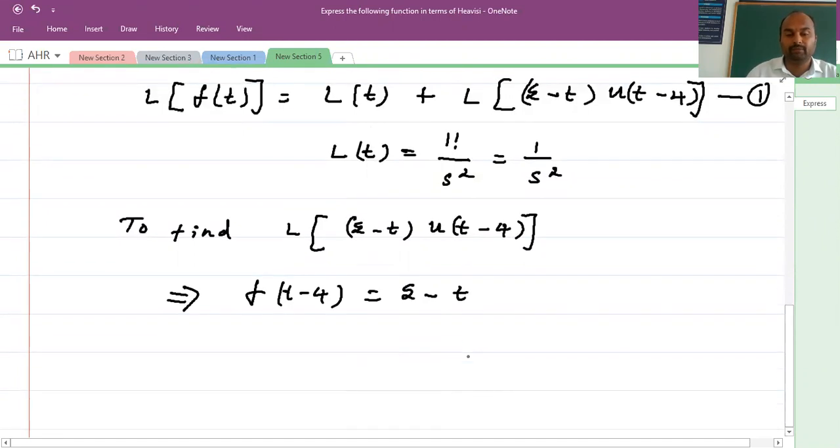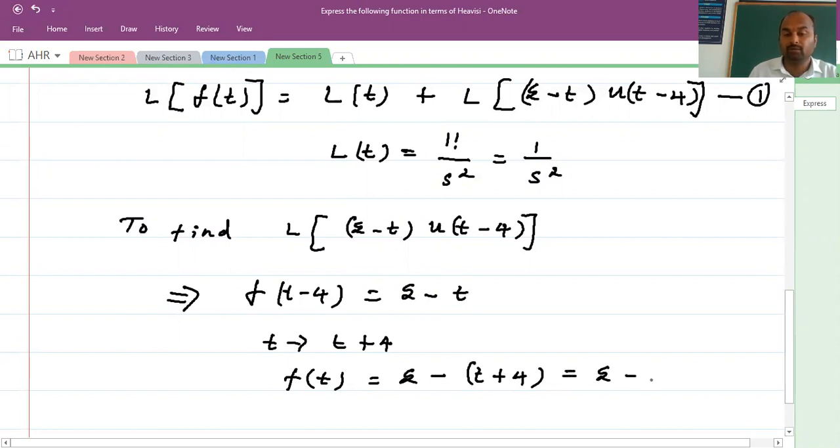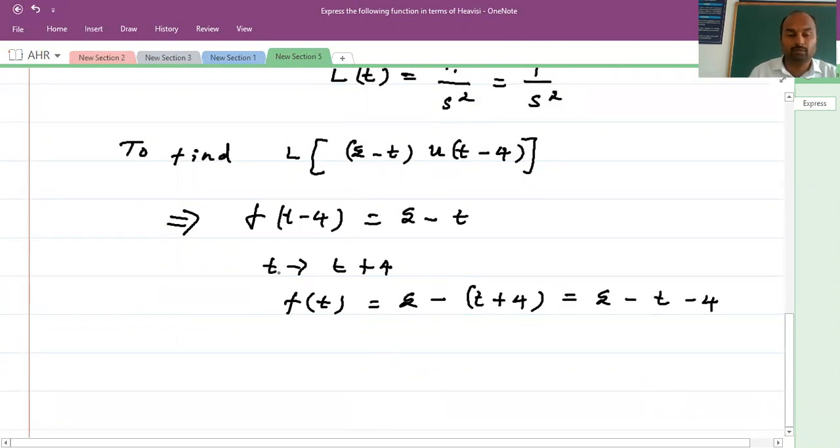And now to get f of t, we should replace t by t plus 4 on both sides of the above equation. So the left hand side becomes f of t, and the right hand side is 5 minus of t plus 4, that is 5 minus t minus 4. 5 minus 4 will be 1. So therefore f of t will be 1 minus t.